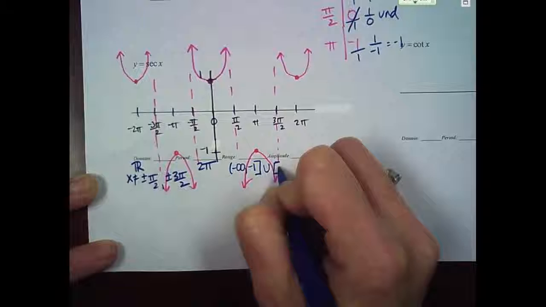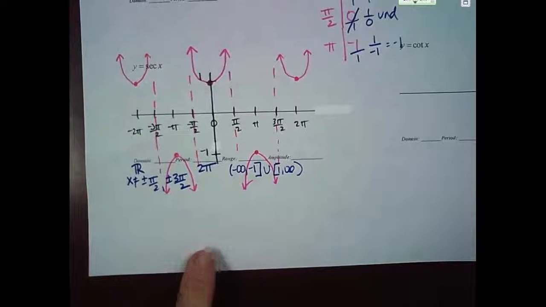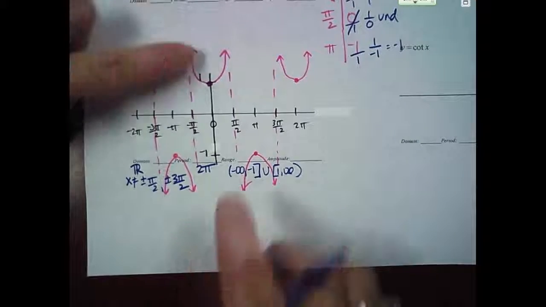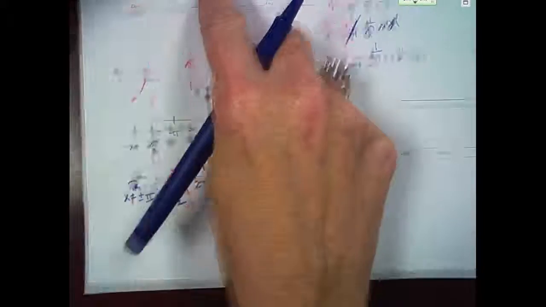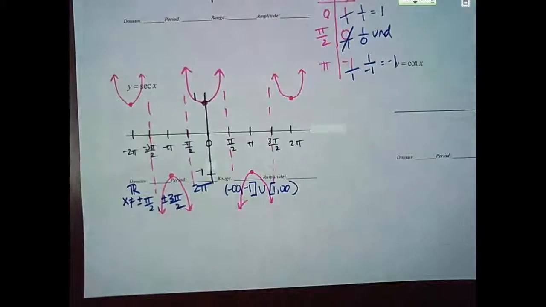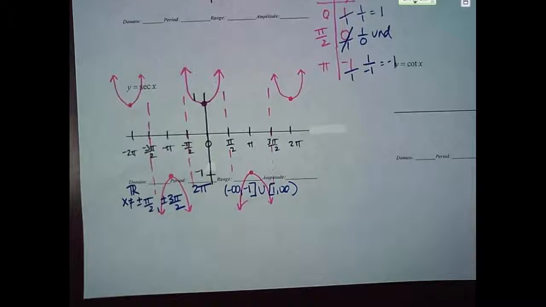And 1 to positive infinity. Guys, when you graph these normally, you probably should have done a better job with your 1. See how far I spread my 1 out? If I had put my 1 closer and tighter, my answer would have fit. Okay, what's the range? How high and how low? Got that. What's the amplitude? Can I measure it? No.